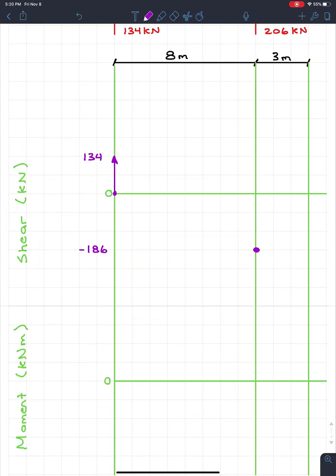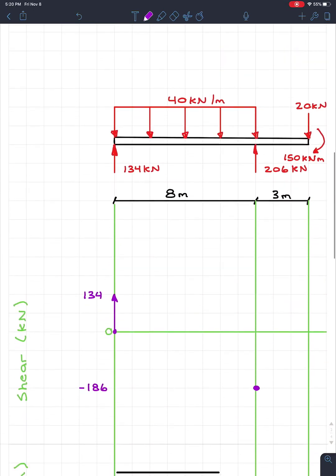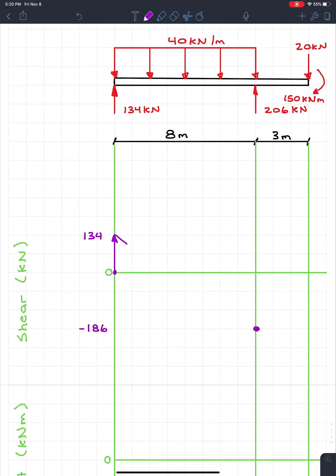Now this comes back to what we discussed about moment before. If our shear is constant, our moment is linear. And this relationship is going to be the same between shear and load. If our distributed load is constant, which it is, our shear is going to be linear, something like this.